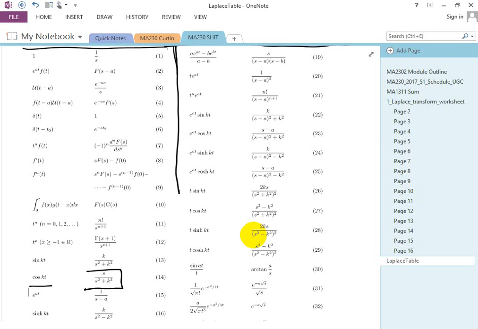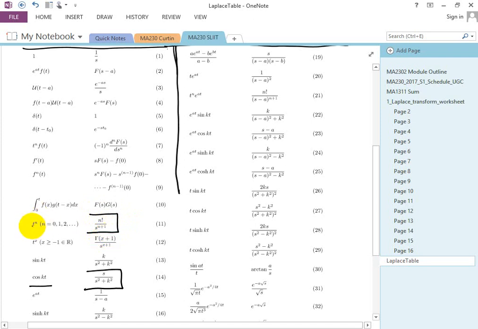So that's where you have to stop. So right here. Now here when n is 1, so that's 1 over s squared. Okay. So which means here when n is 1, on the right hand side the Laplace transform is 1 over s squared and the original function is t to the 1, which is t.